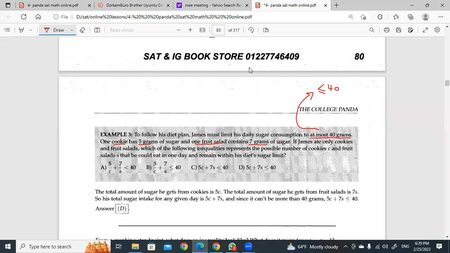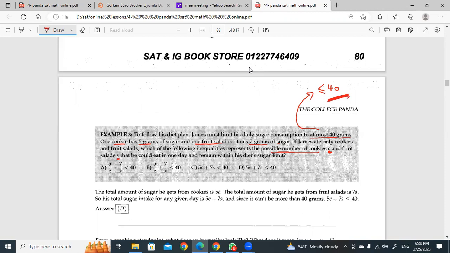Okay, let us continue. If James ate only cookies and fruit salad, which of the following inequalities represents the possible number of cookies, C, and fruit salads, S, that he could eat in one day and remain within the diet's sugar limit, which is at most this.